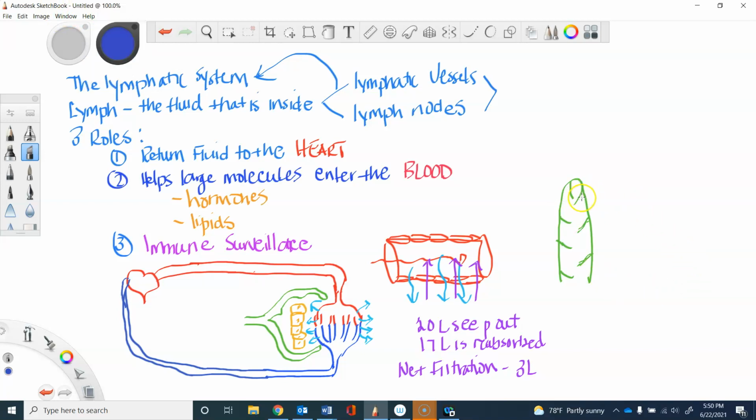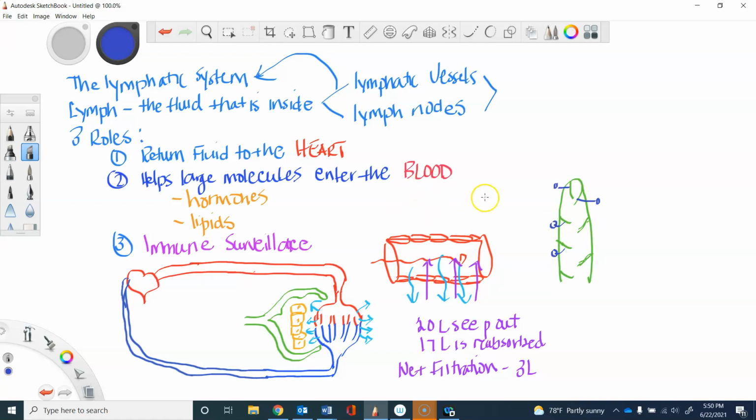This isn't really that important, but when pressure is higher on the outside, it opens these doors and fluid comes in. When the fluid fills this up and there's pressure in here, it closes those doors back.